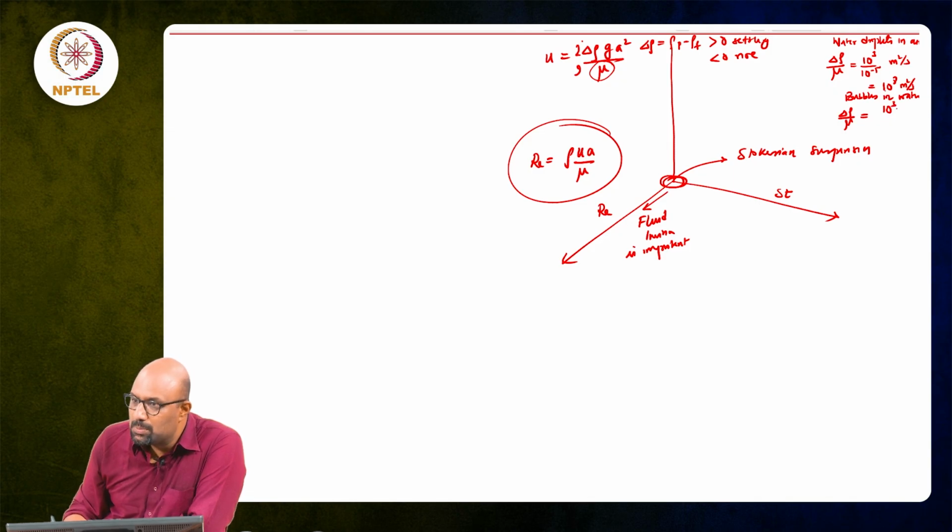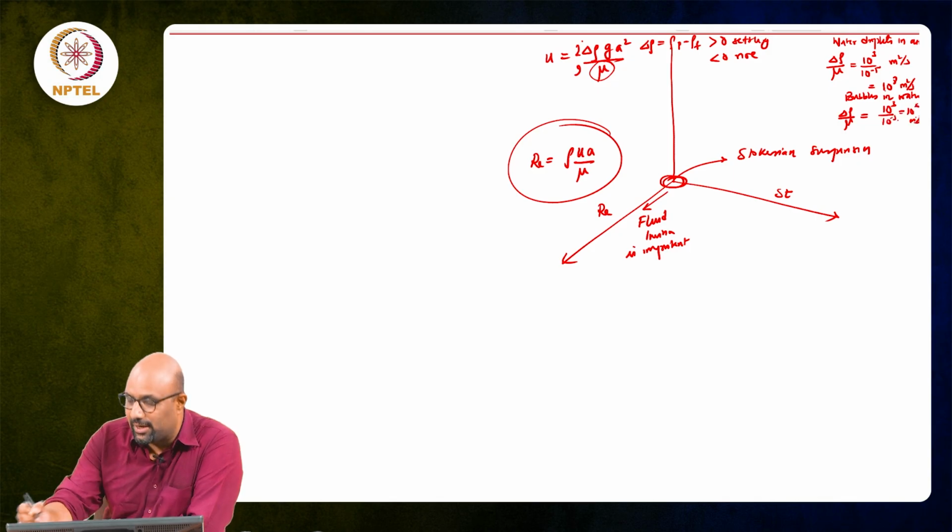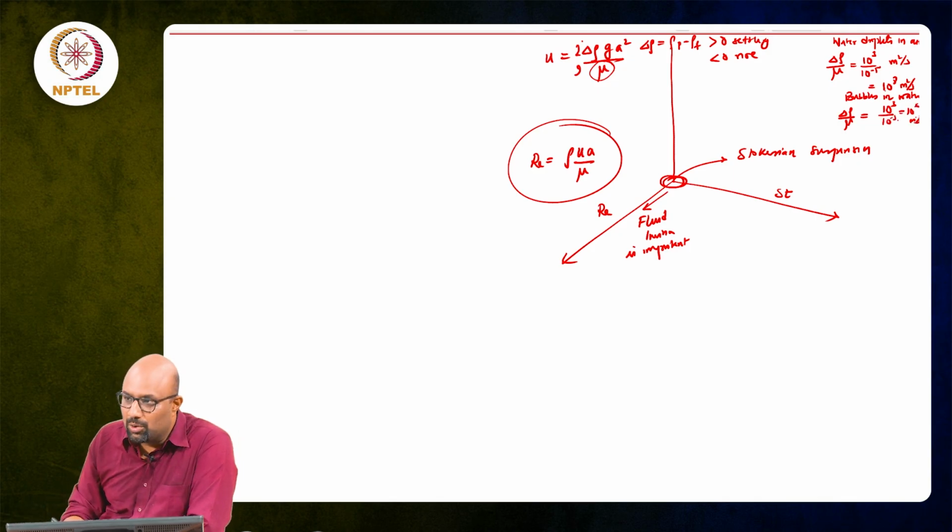What is mu? This is mu of water, which is 10 to the minus 3 in SI units. So, this is around 10 to the power 6 meter square per second. Now, let us say a sand particle falling inside water.